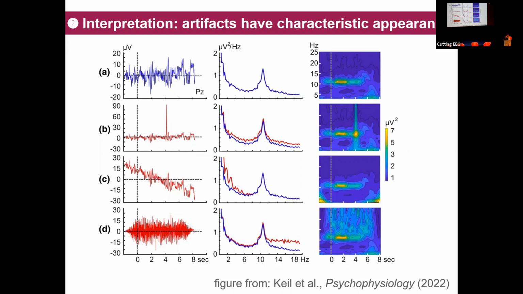It's always informative to go back into the time domain and check. If I cannot make sense out of the time frequency representation, go one step back and check in the time domain, because there it's sometimes easier to figure out what's going on, for instance, in this case.